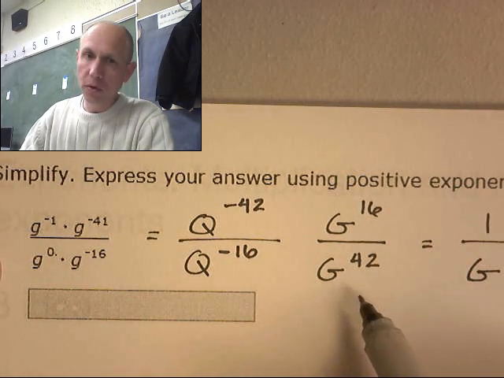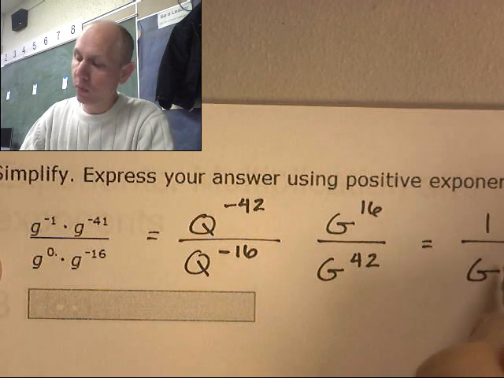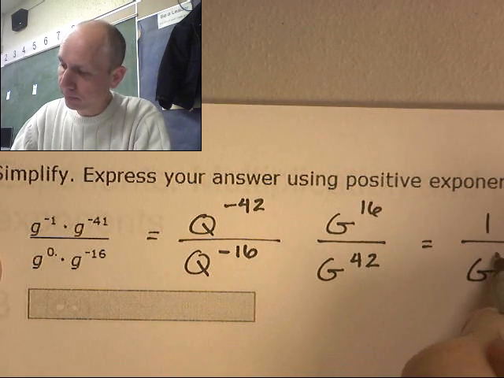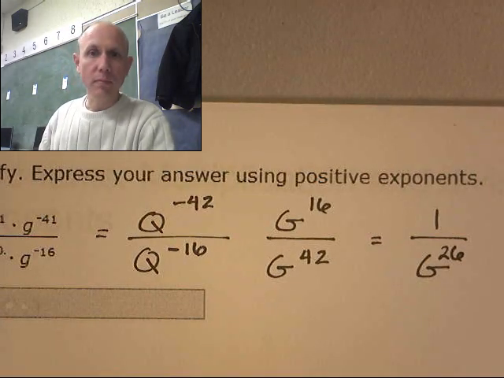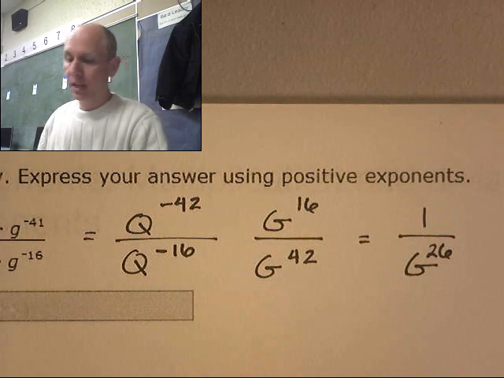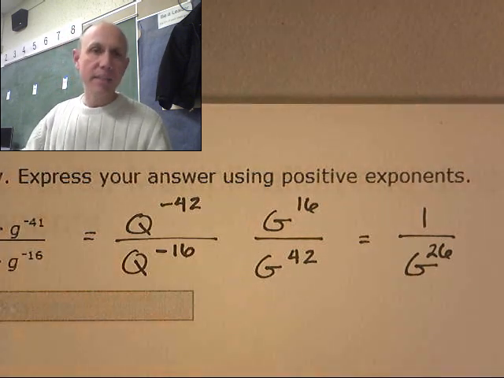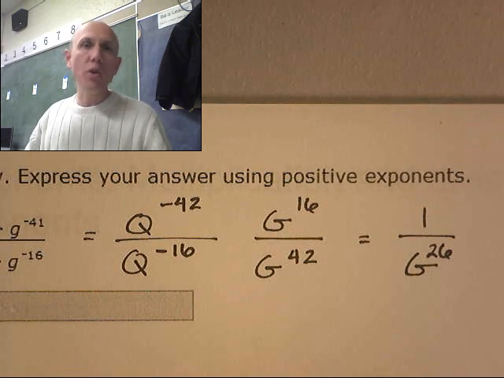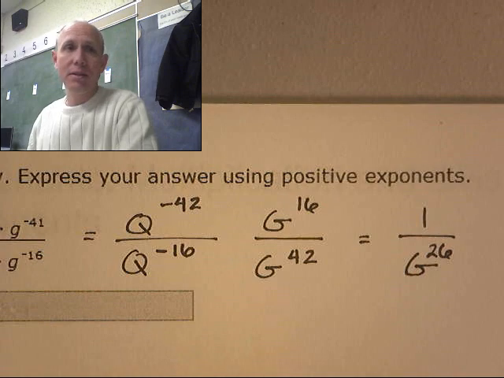We'll see. 42 minus 16. 42 minus 10 is 32. Minus 6 takes me to a 24. No, 26. There we go. 1 over g to the 26th. So this one, I added the exponents and then I used up the tickets. Or you could have used up the tickets and then added the exponents. It's your call, your choice. Do what you want to do.